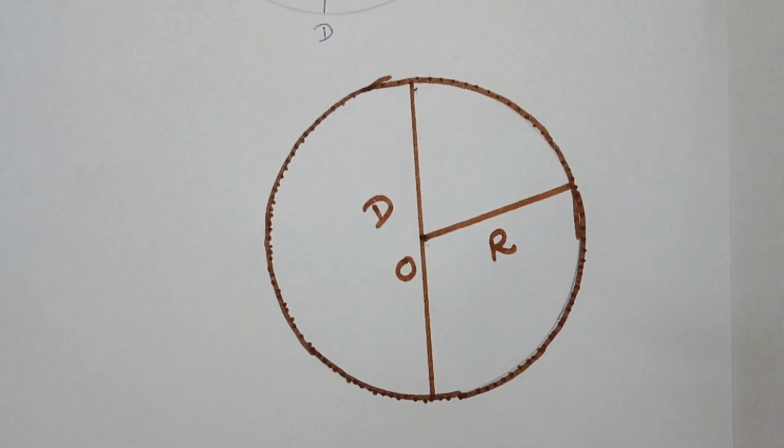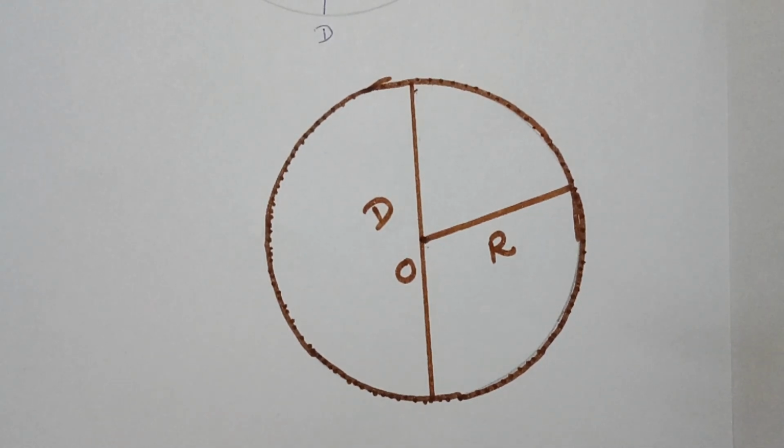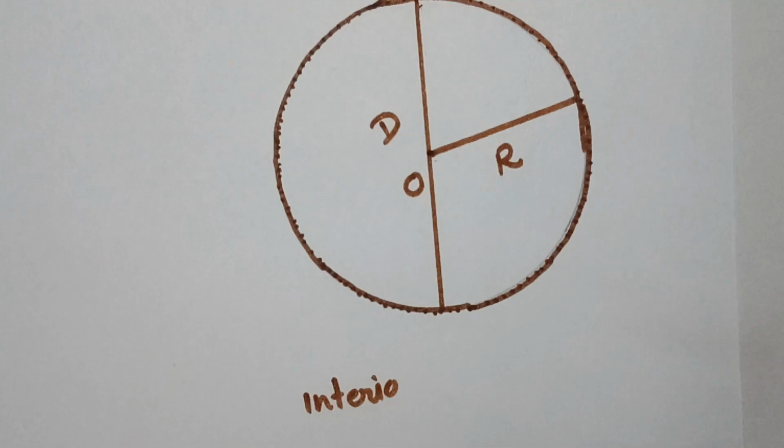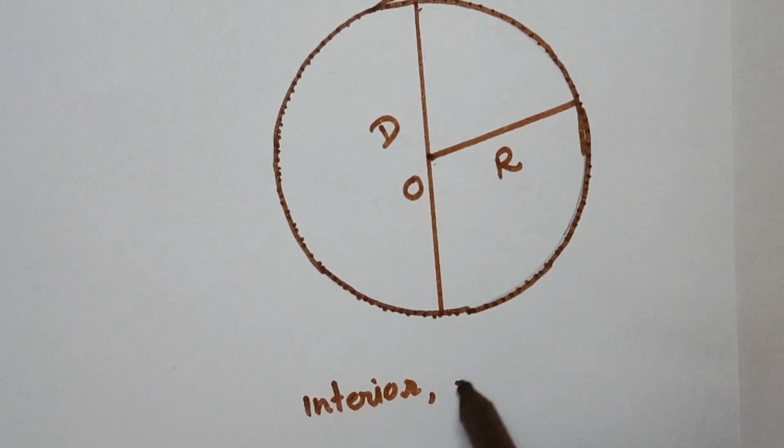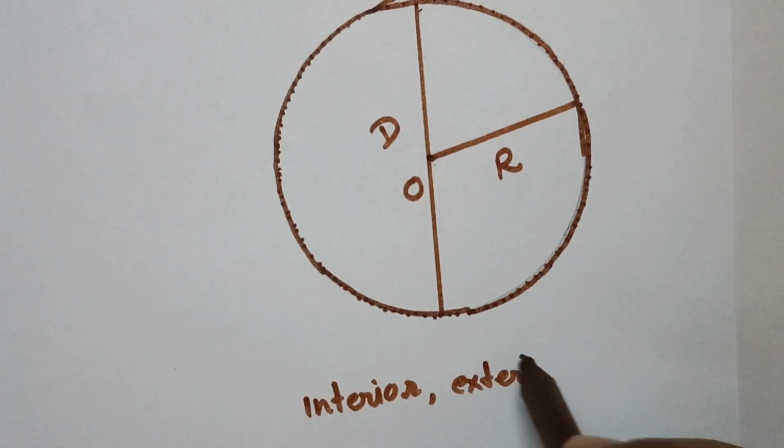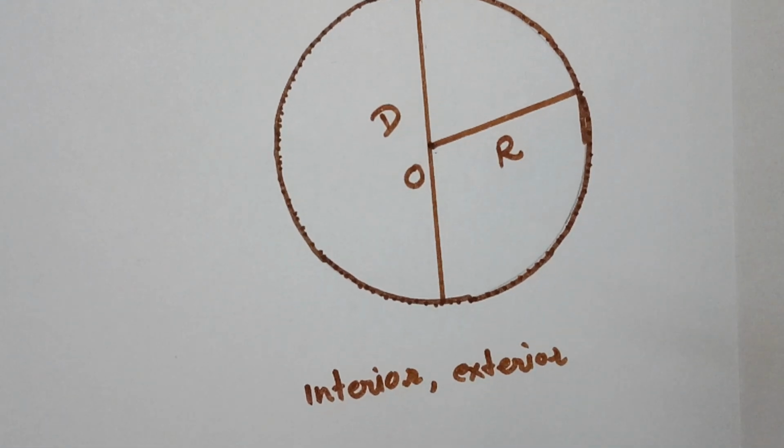Next is interior, exterior, and circular region.